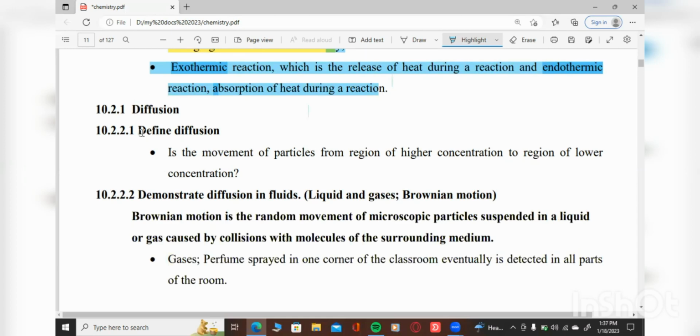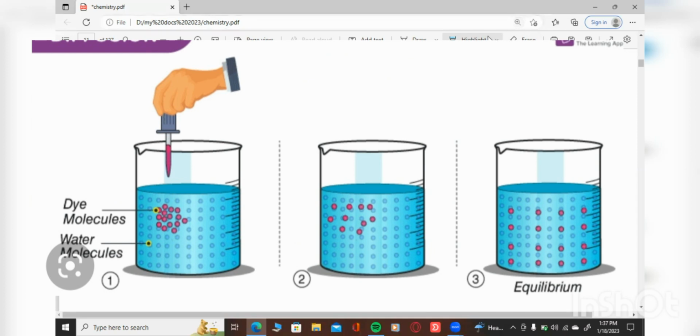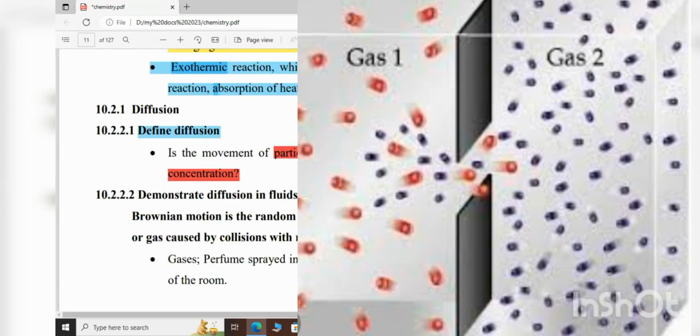Then the other thing we need to understand here is diffusion. What is diffusion? This is the movement of particles from a region of higher concentration to a region of lower concentration. The movement of particles from where there are a lot to where there are few.